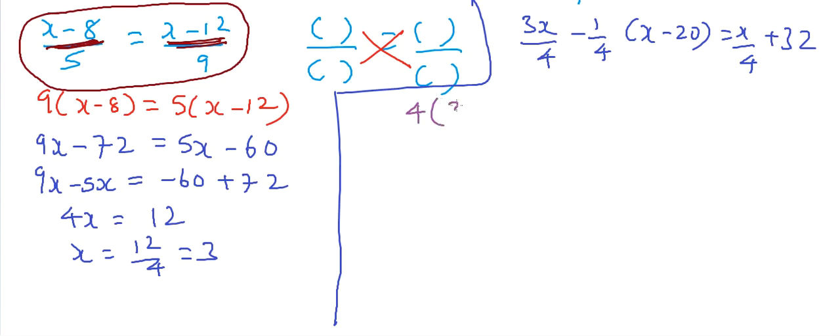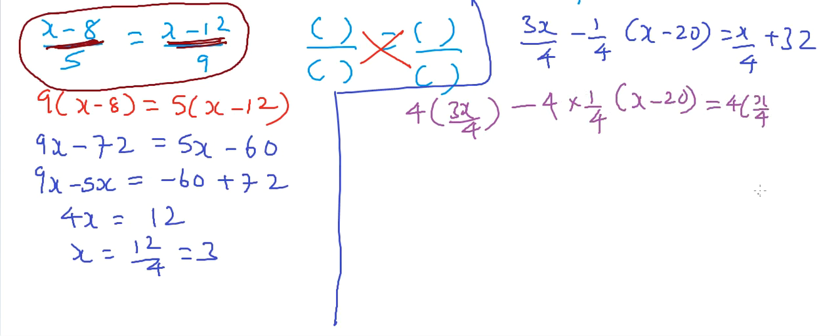See, 4 into 3x by 4 minus 4 into 1 by 4 into x minus 20 is equal to 4 into x by 4 plus 4 into 32.